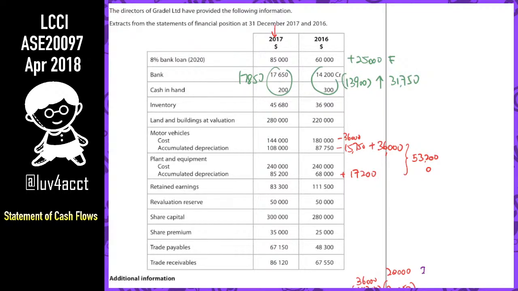Inventory, we have an increase. Let me use orange. Increase 4560, 8780.